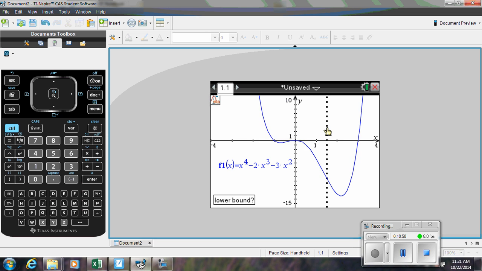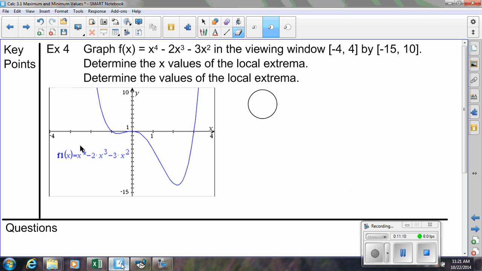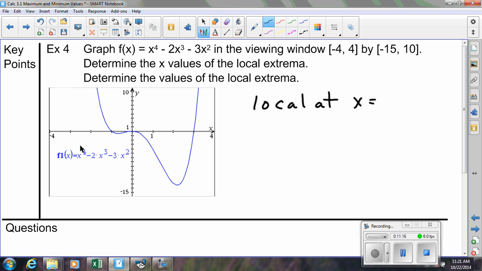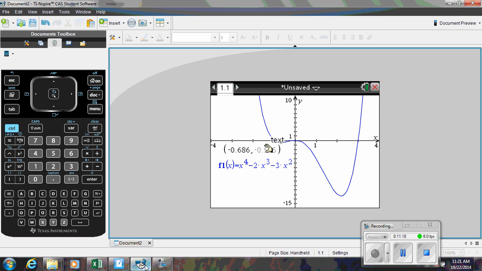We're going to do this multiple times, so I'm just going to start over on the left and pick a lower bound, pick an upper bound, and then you can see it gives me the minimum for that tiny little window that I picked, for that neighborhood. So at least rounded, we get a local minimum at x equals negative 0.686.